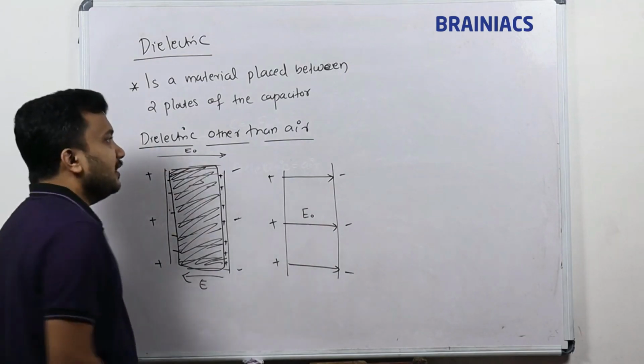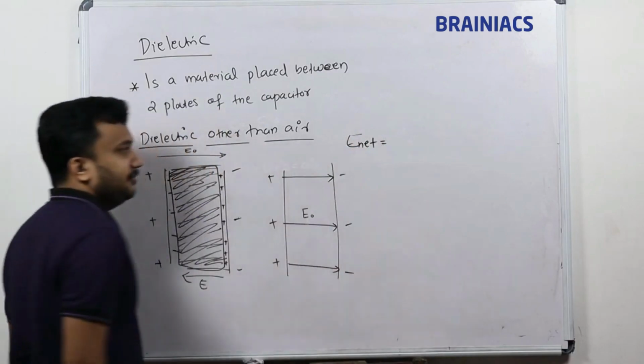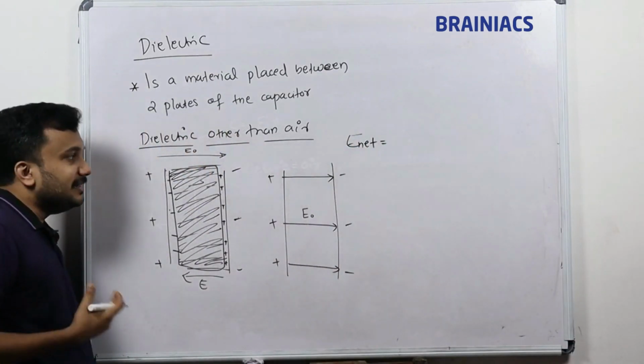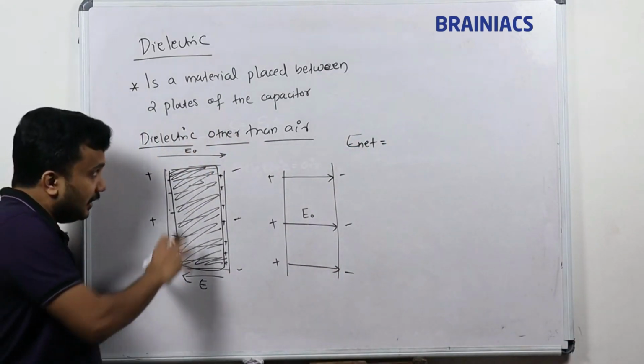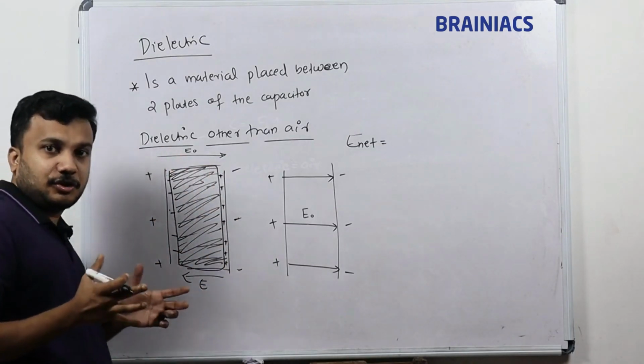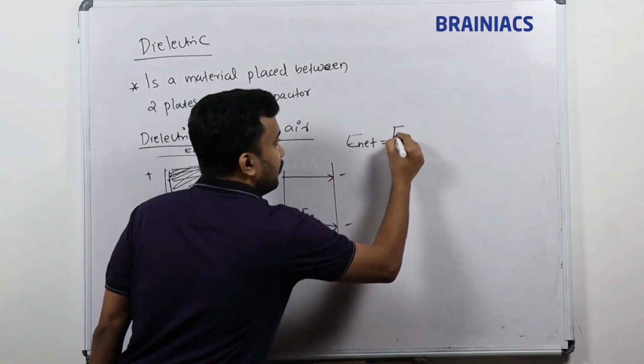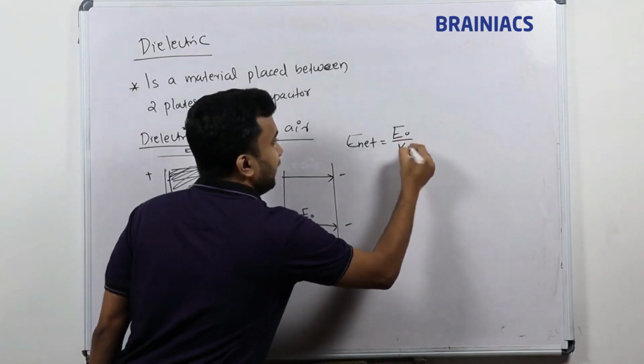So we get a net electric field, because of this E0 and E, whose value is equal to E0 by K.